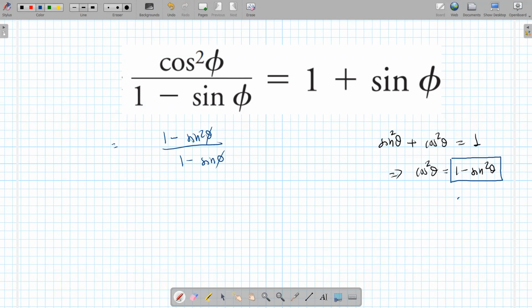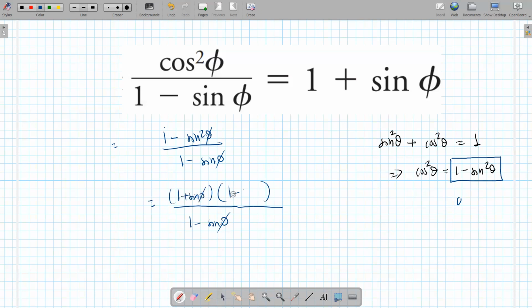It's in the form of difference of squares. Yeah, exactly. So if you use the difference of squares on the numerator, what do you get? It's going to become something plus something times something minus something. 1 plus sine and then 1 minus sine.